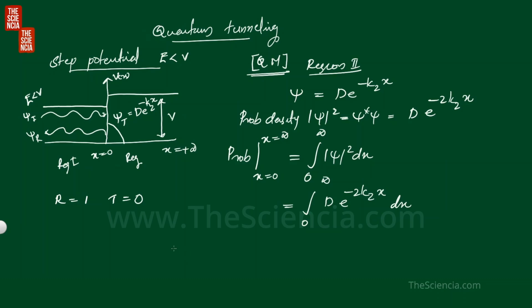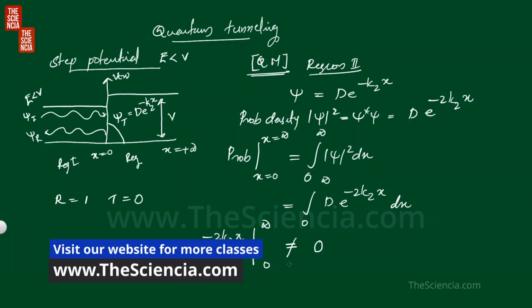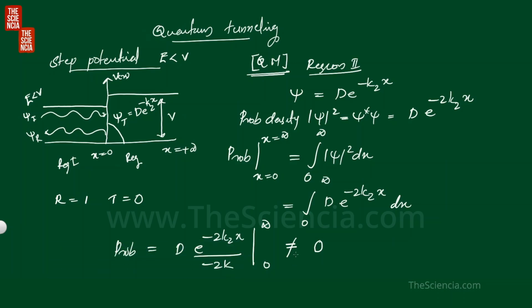Now we can evaluate this, and we get the probability equal to D squared e raised to minus 2k2x by minus 2k2, with limits 0 to infinity. When you substitute these limits, you get a finite value, that is, it is not equal to 0. That is, the probability of finding the particle in the region 0 to infinity is not equal to 0. That means the particle can access that region also.